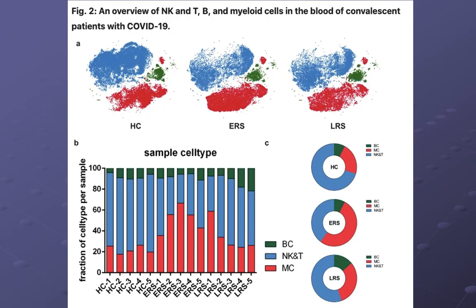No? So here we can see a side-to-side comparison of the samples of healthy controls, mga early recovering patients and the late recovering patients. So you can see na, of course, during the early recovery stage, decrease in the lymphocytes is very evident.